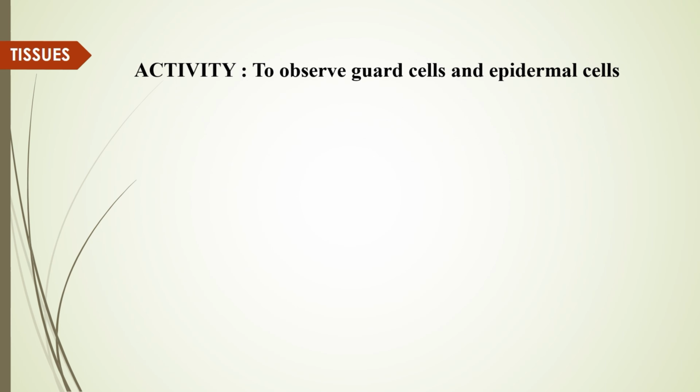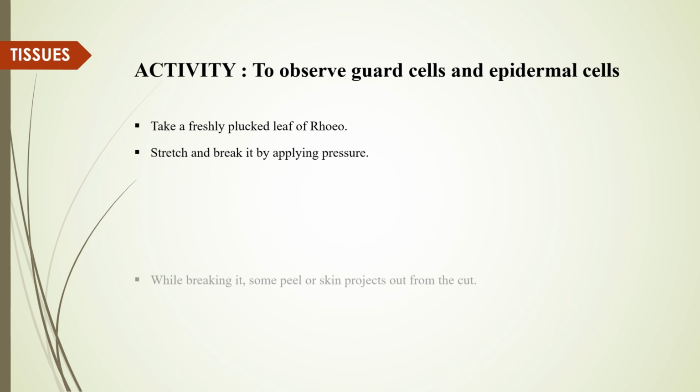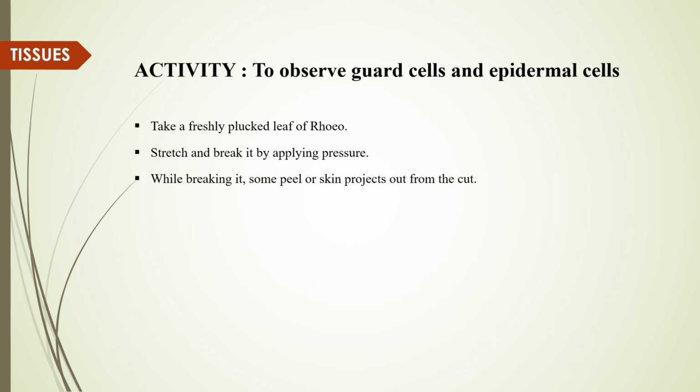Activity: to observe guard cells and epidermal cells. Take a freshly plucked leaf of Rhoeo. Stretch and break it by applying pressure. While breaking it, some peel or skin projects out from the cut. Remove this peel and put it in a petri dish filled with water.